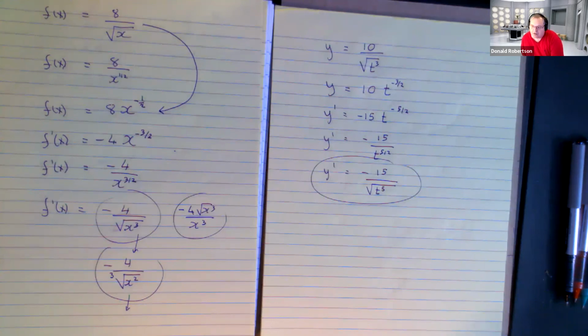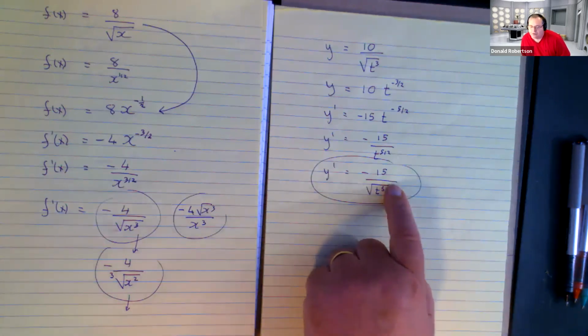Do you like the shortcut called the power rule? Would you agree it takes a lot less work than doing it the old way? But we needed to know mathematically the old way, right? The long way, the limit way, so that we could then move on to doing the shortcut.